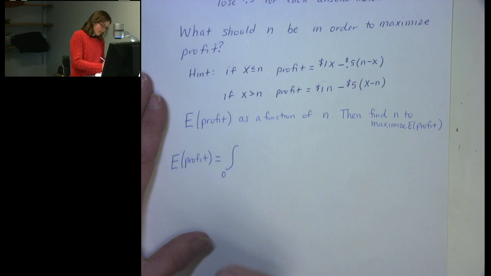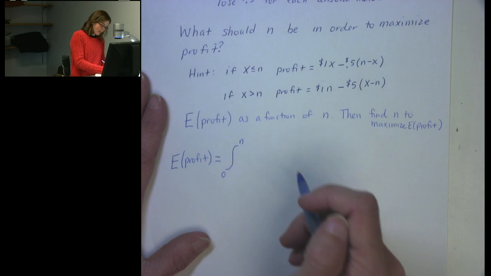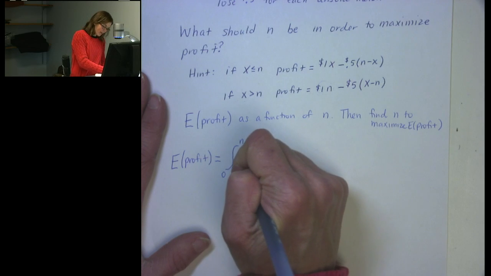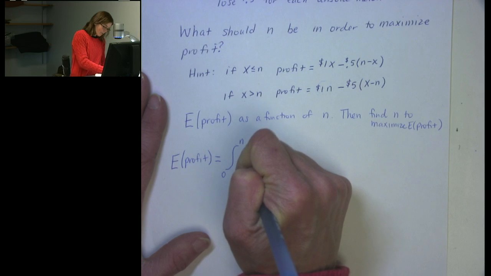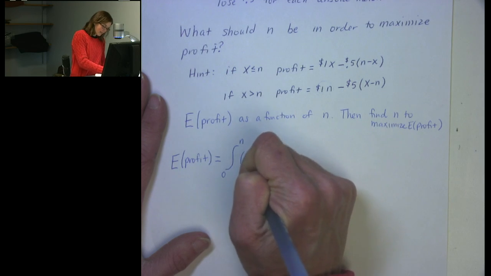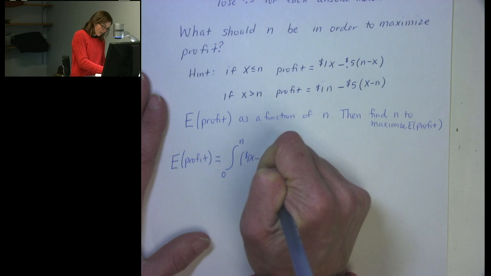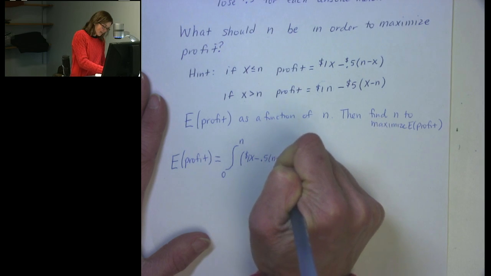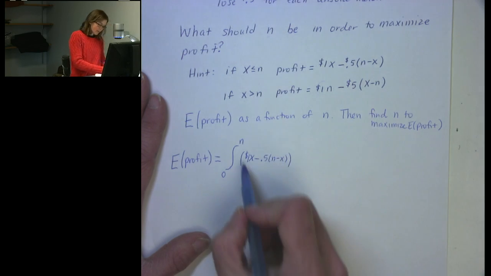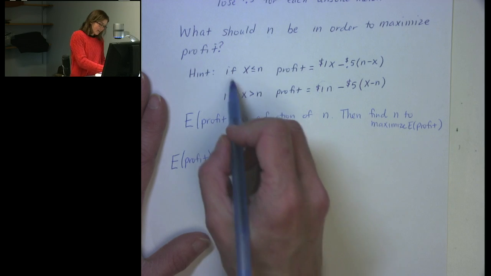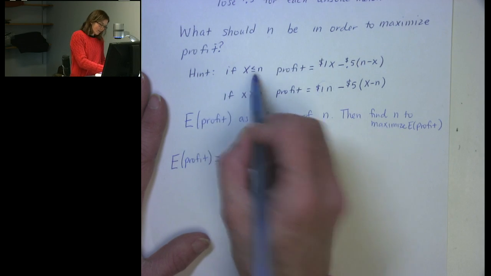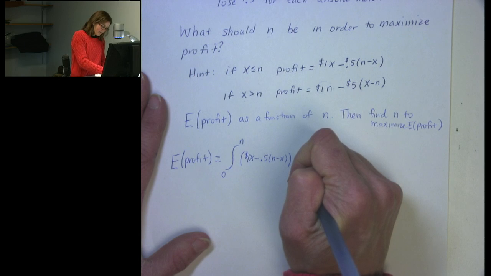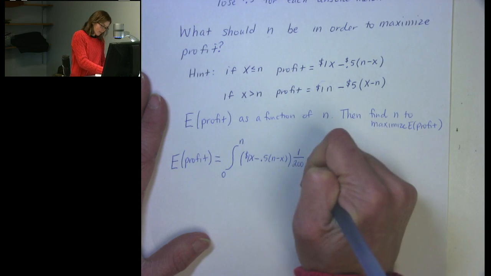From 0 up to n, the expected value of the profit is going to be our $1 times x minus 0.5 times n minus x, and we need to multiply that profit that's in that range of values by the probability density function, 1 over 200. We'll integrate with respect to x.